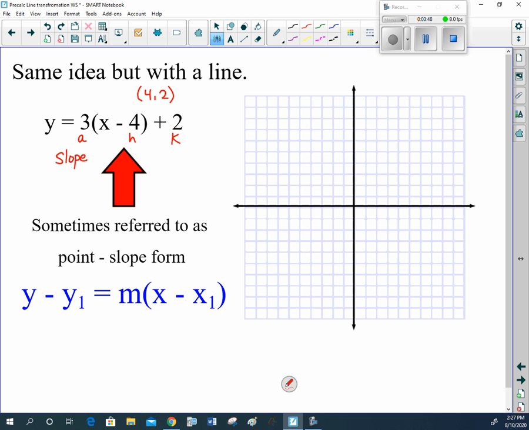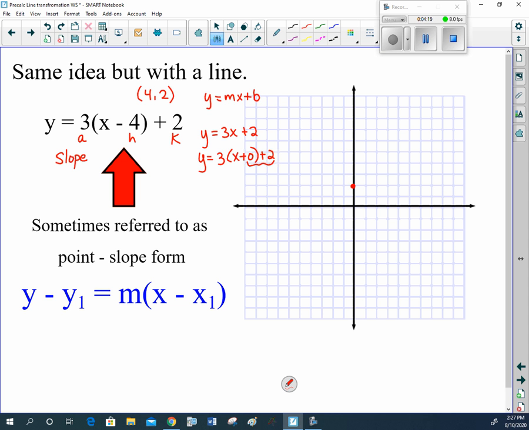You guys are so used to using y equals mx plus b to graph a line, which works. But what's your starting point on y equals mx plus b? It's a y-intercept. The x value is 0, so it would look something like this: 3 times (x plus 0) plus 2. See how that's your starting point right there? 0, 2, that's your H, K.